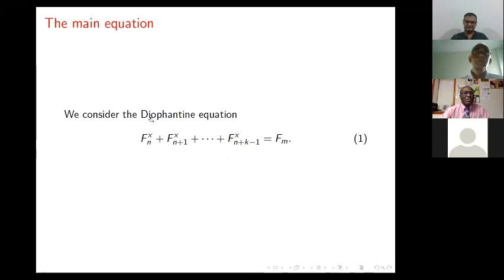And we want to see if the sum here can give us a Fibonacci number. So that is the first project we started with Florian Luca and Eloge Chamu, one of my students.